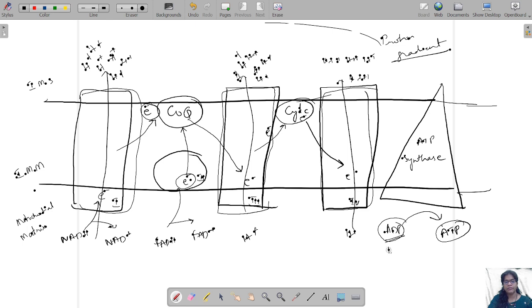To make it from a low to a high energy molecule, you need an energy supply, and that energy is supplied in the form of protons that are already there in the intermembrane space. You already know that generally protons move from a high energy state to a low energy state to maintain equilibrium, so they come down the hill from high proton concentration to low.